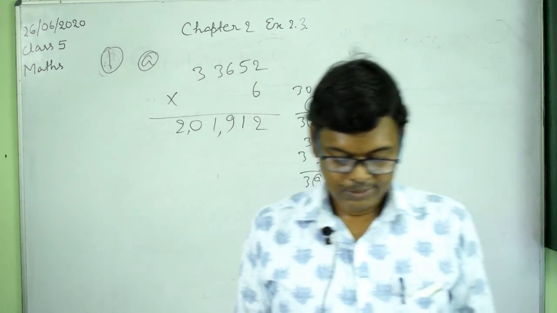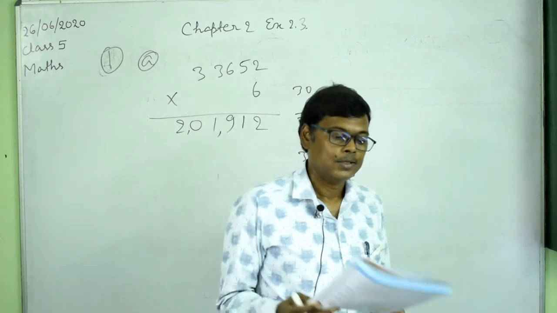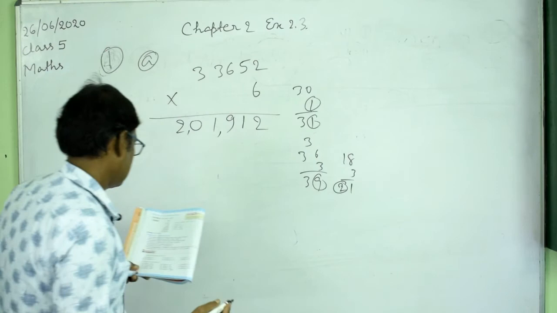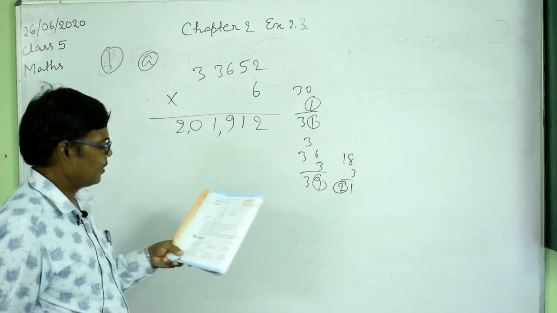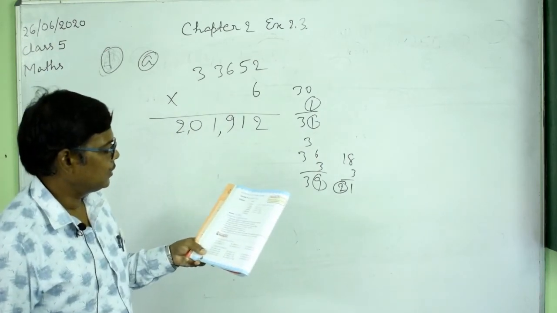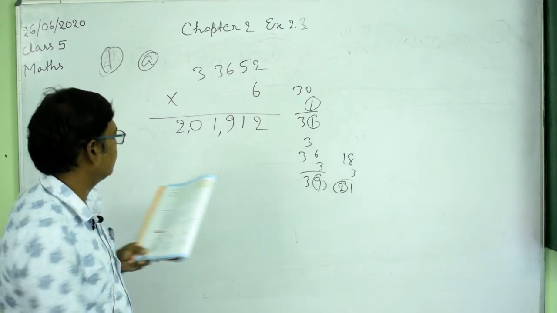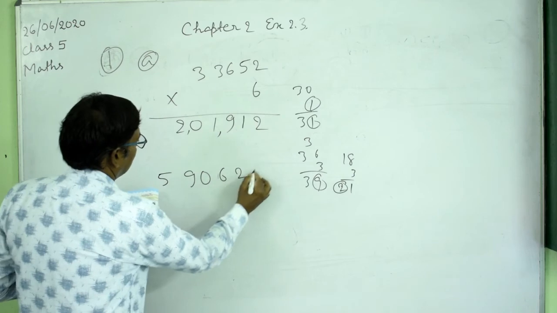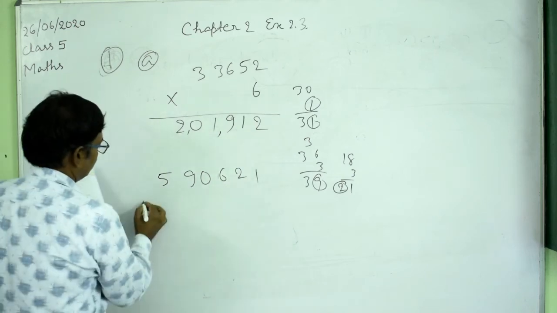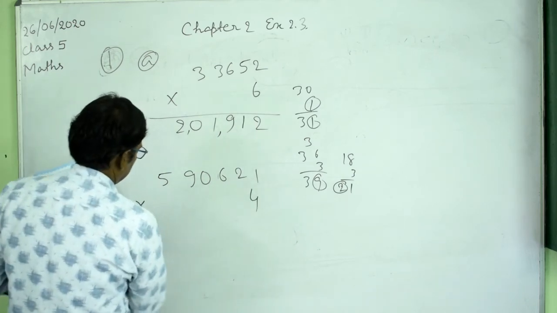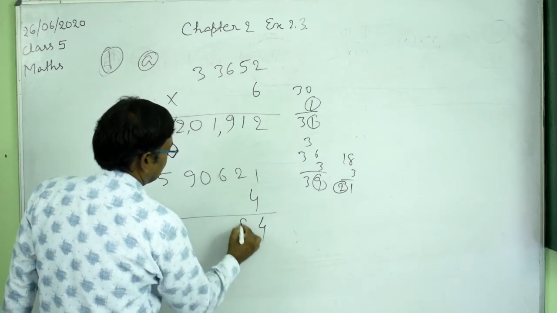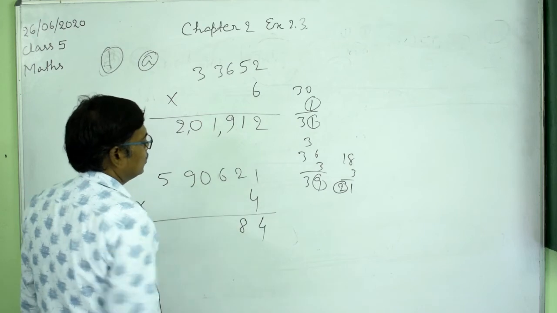So question number B. Multiply this number. It is 5,90,621. Okay, 5,90,621 and multiply by 4. So this will be 4 ones are 4, 4 twos are 8 and 4 sixes are 24.